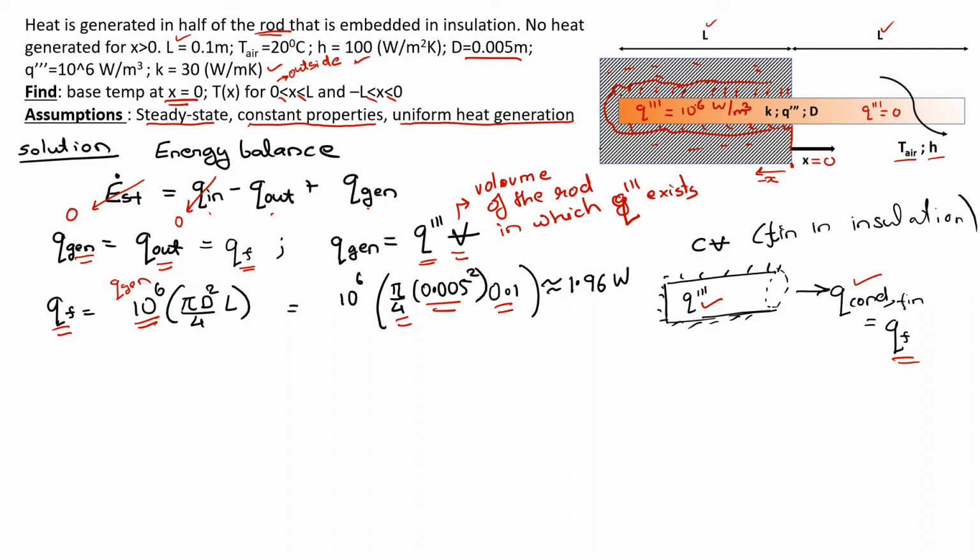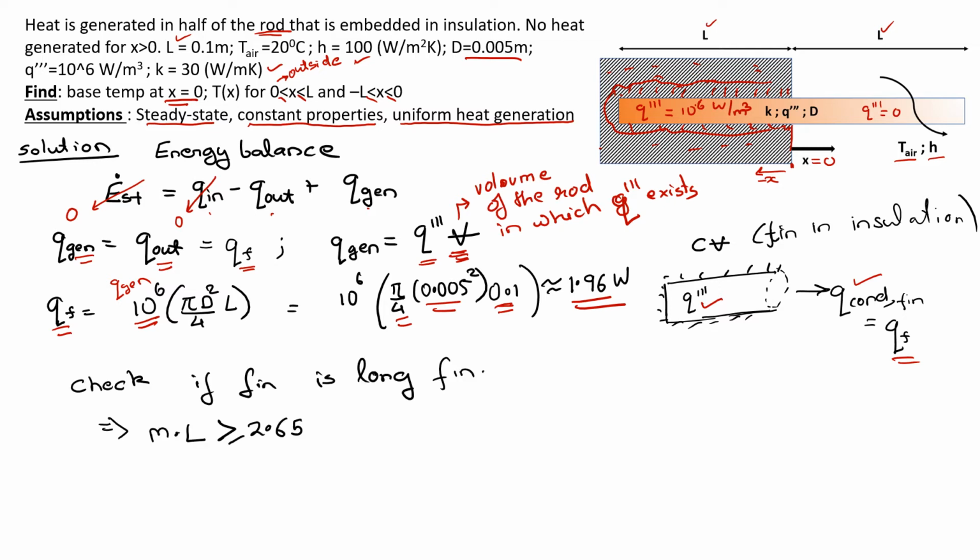So keep this in mind that the volume that you consider is always the volume in which heat generation exists. Although the entire rod has the length 2L, we've just assumed the volume of half of the rod here. Okay, so after doing that, the fin rate that we get is 1.96 watts.